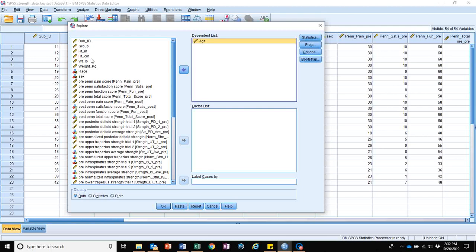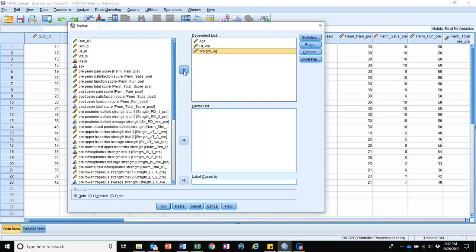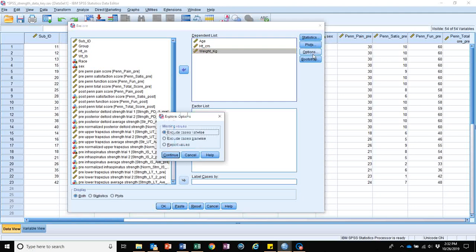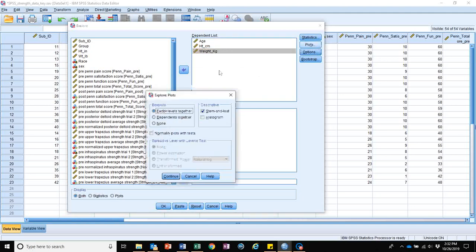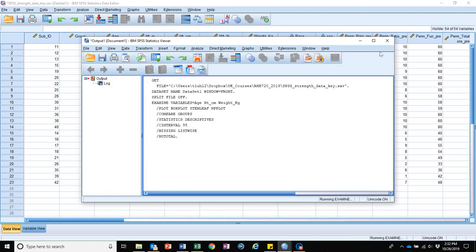So again, you'll want to check for normal distribution. You can do that with this. Oh, sorry, wrong button. So I can test normality and look at my three variables.